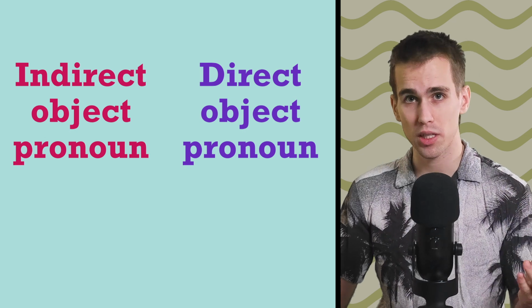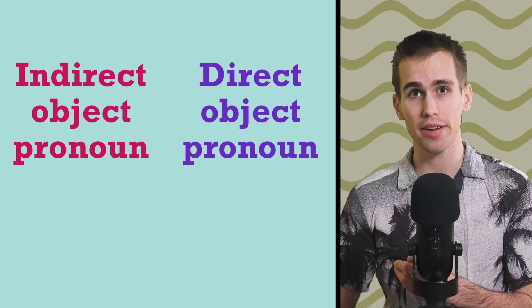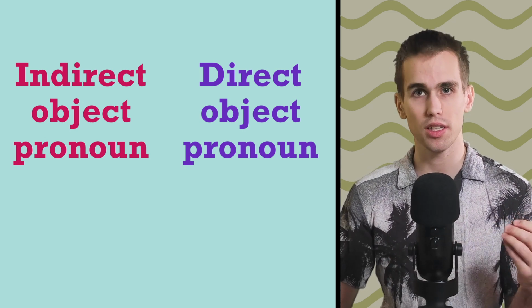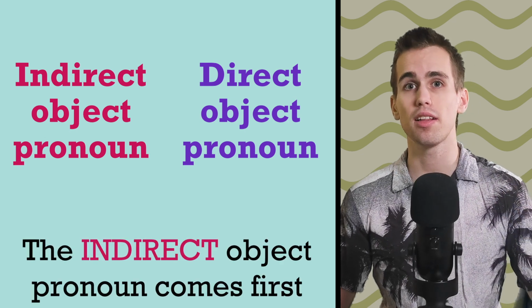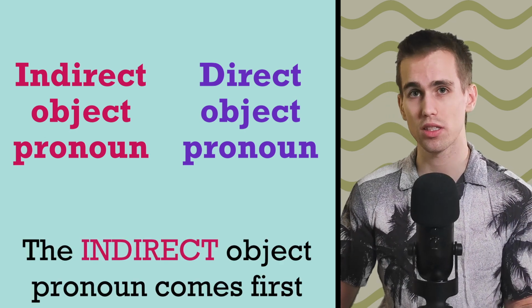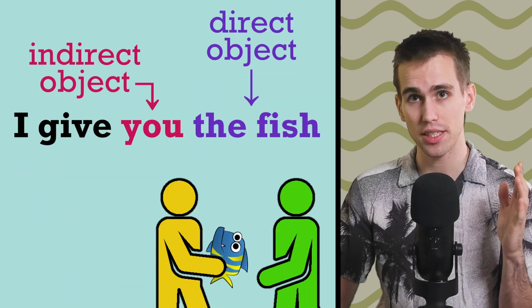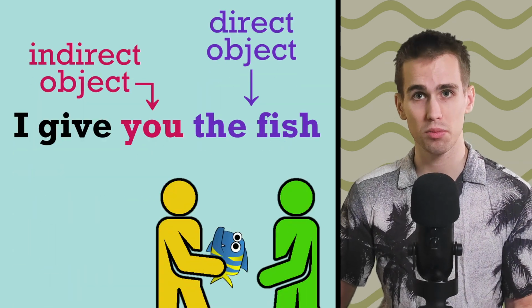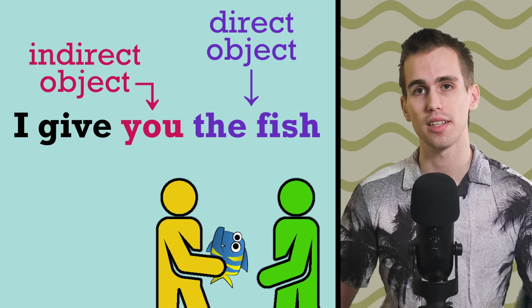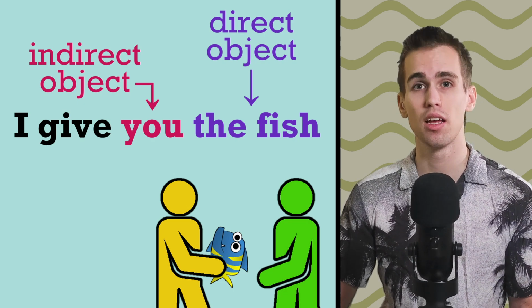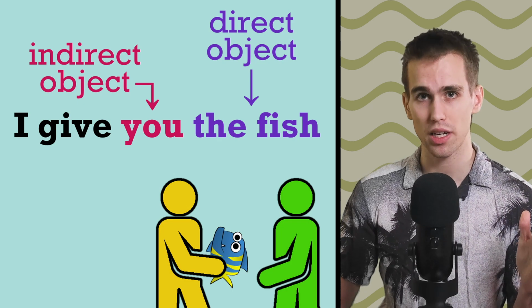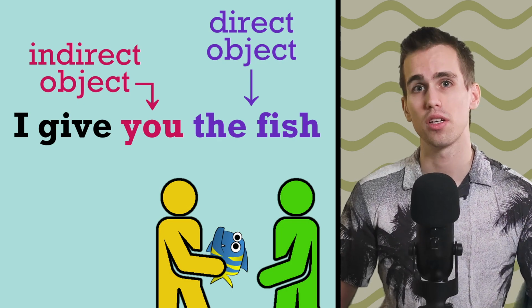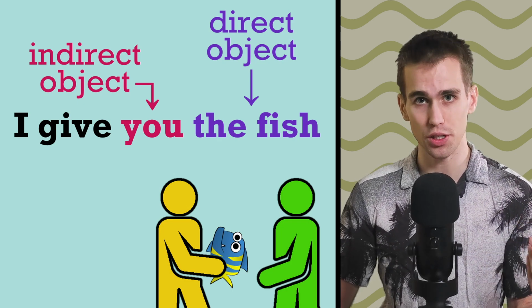When the direct object pronoun and the indirect object pronoun are used in the same sentence, the indirect object pronoun always comes first. In the phrase "I give you the fish," we have both a direct object, the fish that directly receives the action, and an indirect object, you, because I give the fish to you.